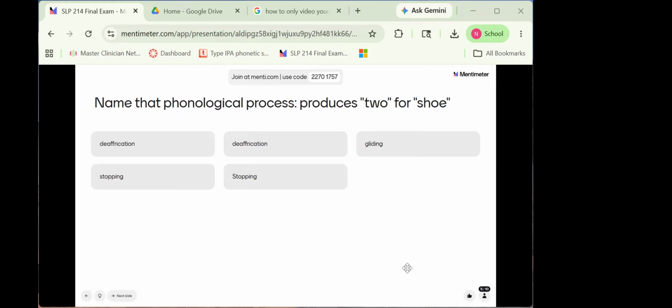No, I'm sorry. Sh is palatal, right? And t is alveolar. But when we're talking about this, the client or student or person is stopping the sound. So that makes our t from the sh sound. So this is stopping.